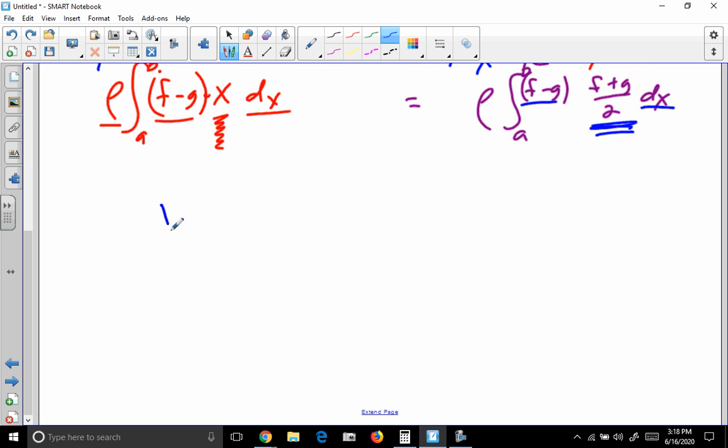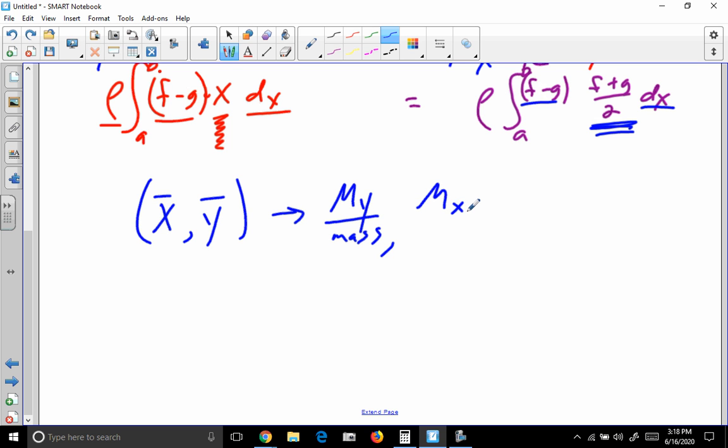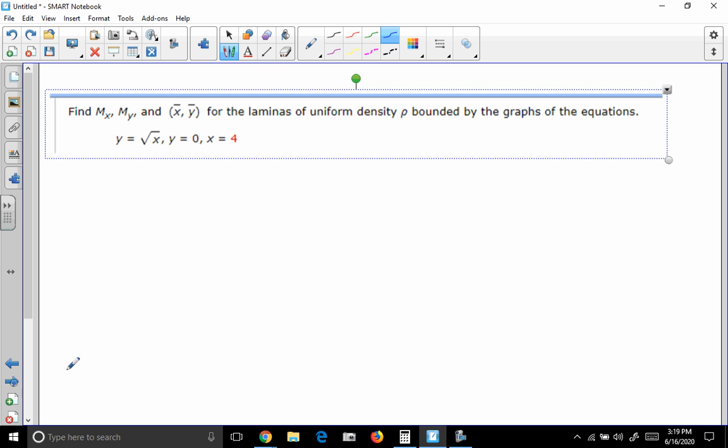So then, to get x and y, the center of mass, that's the moment from the y-axis, the x location, over the total mass, and the moment from the x-axis, the y value, divided by the total mass. I'm going to do that by example.